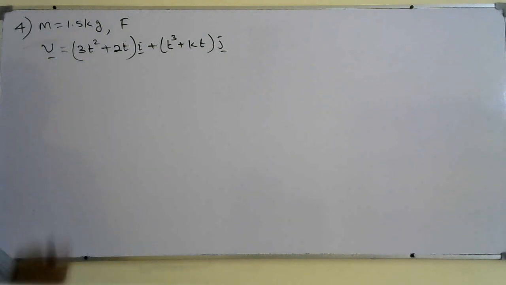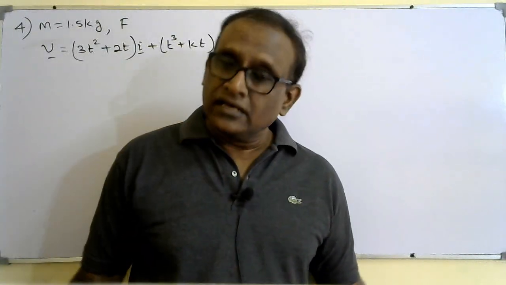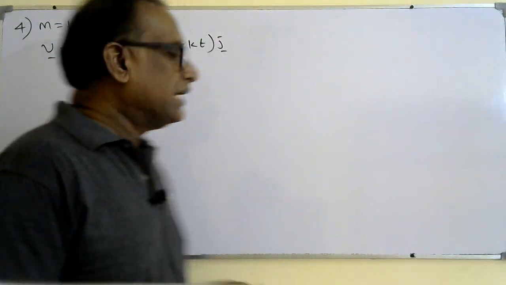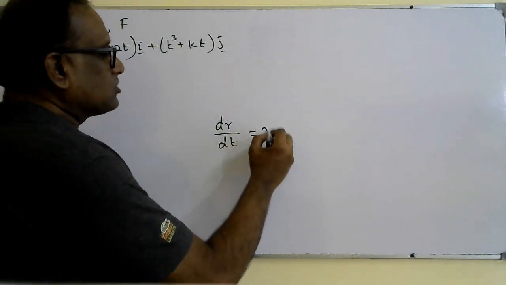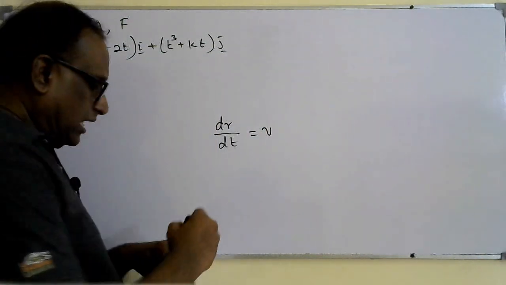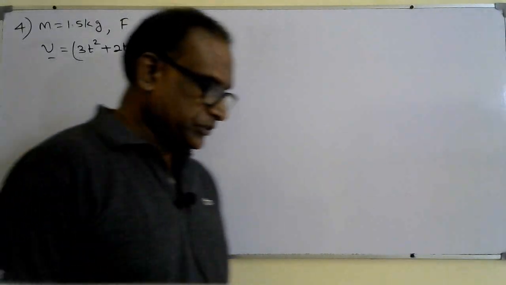So this is the velocity vector. If you differentiate, you will get the acceleration vector. If you integrate this, you will get the position vector, because dr over dt is the v. You know that the reverse process, right? Anyway, we need these things in the question.